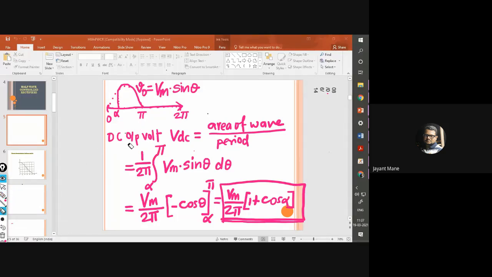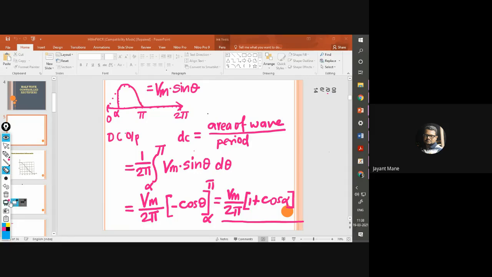I'll just change this to I. So if this is the current waveform, purposefully I'm just writing I0.